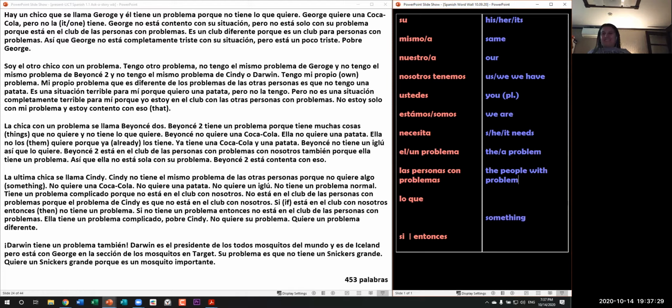And let's see. Lo que. Do you remember that one? No, but I remember practicing it and writing it down today. George no tiene lo que quiere. It's like what he wants or of which he wants. Yeah, that's right. So lo que, the meaning can change depending on the context.